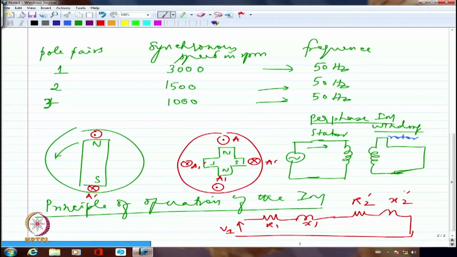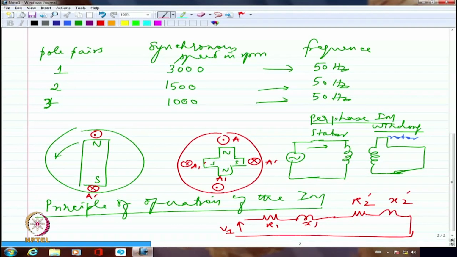This is what we wrote as the transformer equivalent circuit, of course with R2 dash, X2 dash. Fine. Now X1 and X2 dash are quite large compared to what I would have in a transformer, because the leakage is definitely more in an induction motor, owing to the air gap. So this is going to serve as the limiting factor of the starting current.